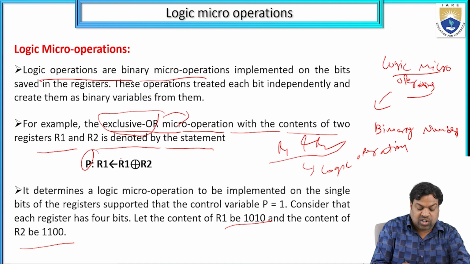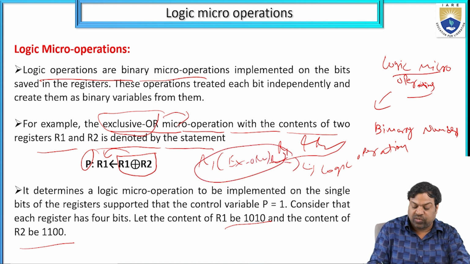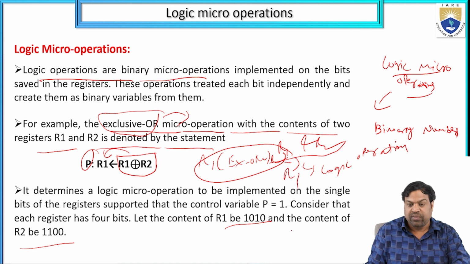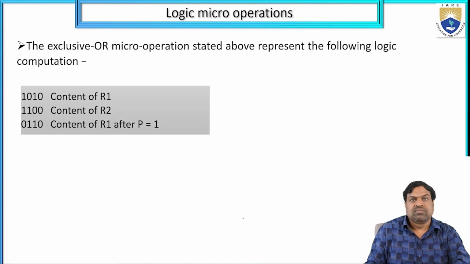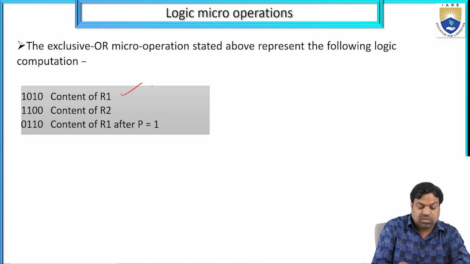So what does this logic operation mean? R1 XOR R2. What is the resultant value? It is stored in R1. I am applying the XOR gate to R1 and R2, and after applying the XOR, the resultant value is stored in R1. Here R1 equals 1010 and R2 equals 1100.